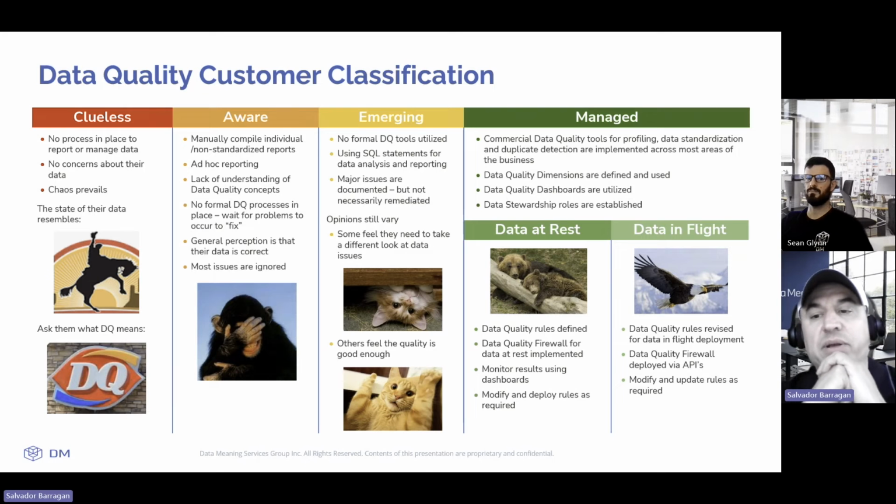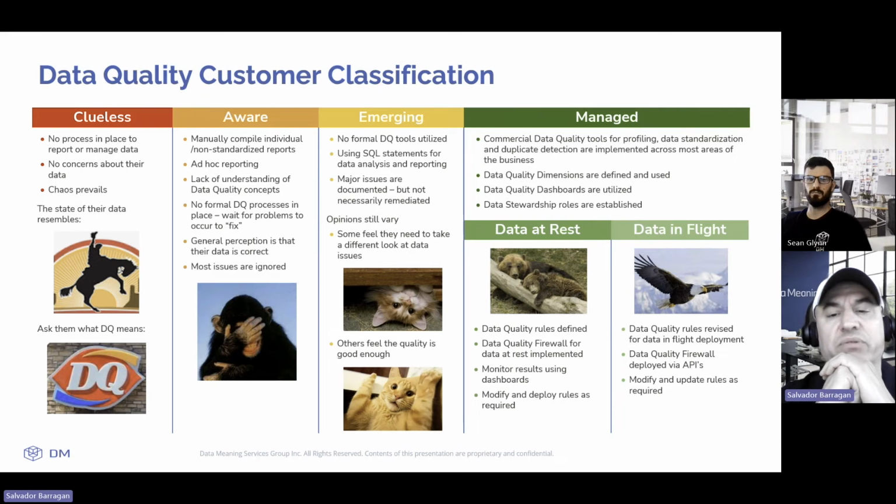You're managing your data both at rest and in flight, so you have data quality deployed. When data is in flight, you're modifying those rules. You're monitoring results on dashboards. And you definitely have data quality for data when it's at rest or in flight, depending on the state of the data.